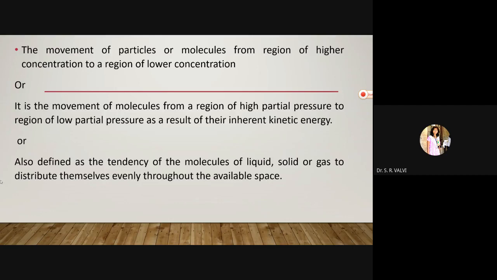Any of these definitions you have to remember. The best example I have given: dusting the duster as well as spraying the spray.